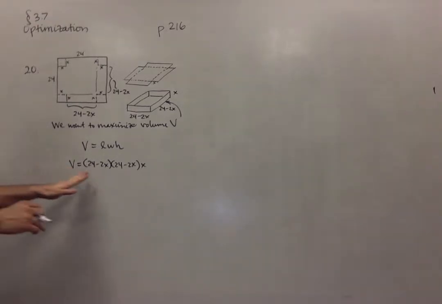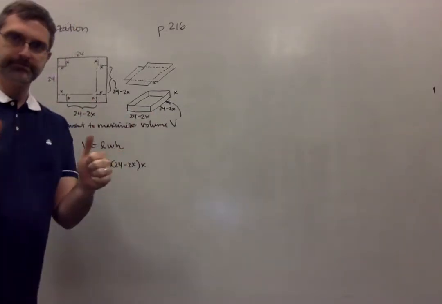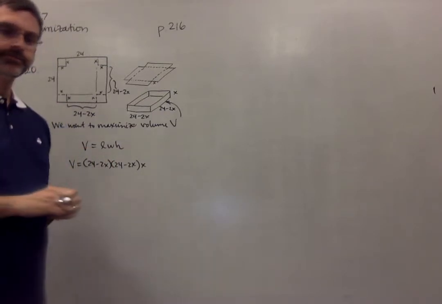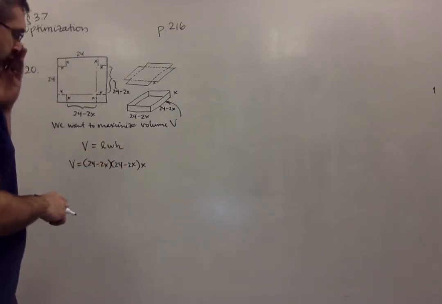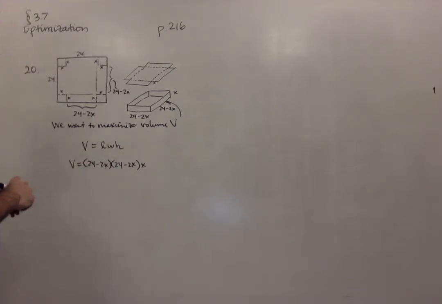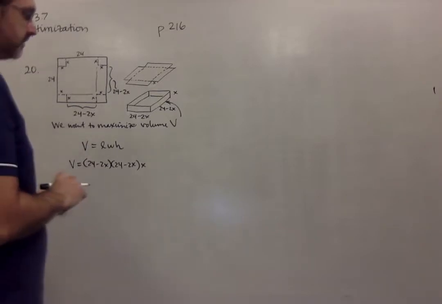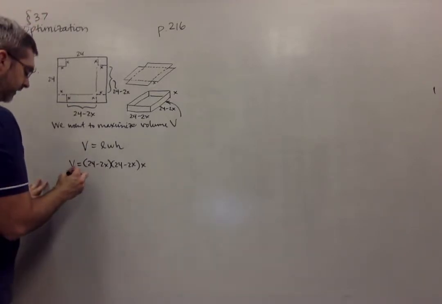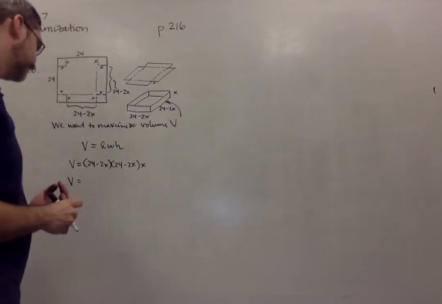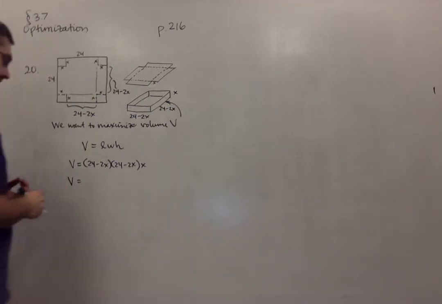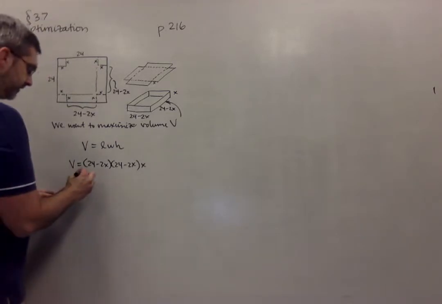And it just has one variable in it, so that's awesome. I kind of like not dealing with the product rule. So I think I'm actually going to multiply this out just to make my life a little bit simpler. 24 times 24, well, 12 times 12 is 144, so 24 times 24 is going to be 4 times that, so I'm going to get 576.